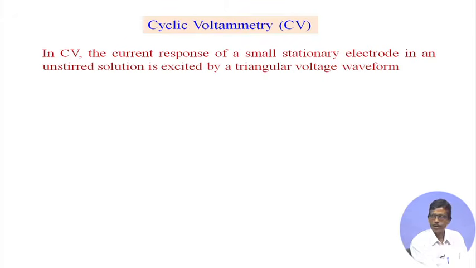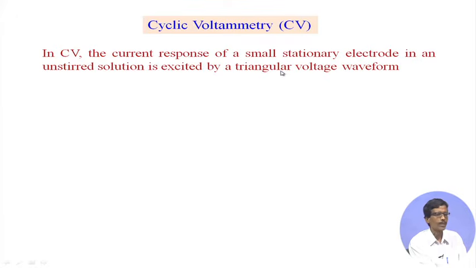Initially we stir for half a minute or a minute, then we stop the stirring, then we switch on the measurement. So, the unstirred solution gets the corresponding excitation from the waveform.